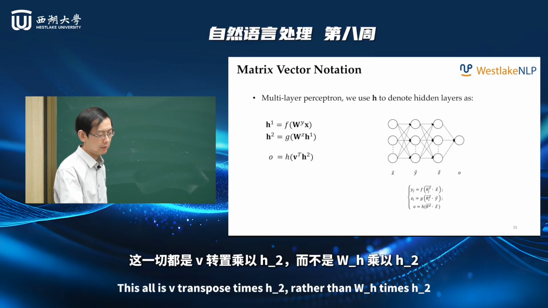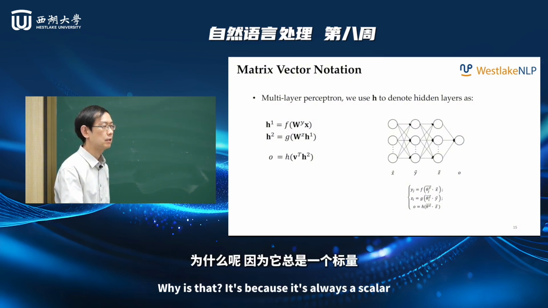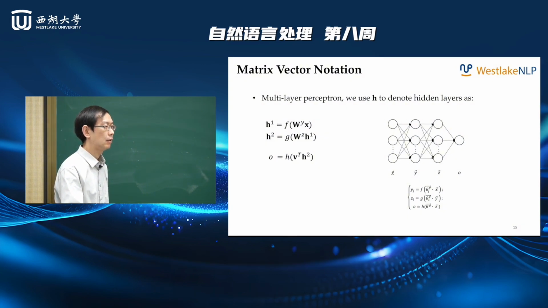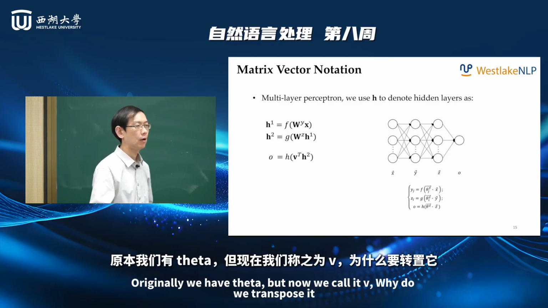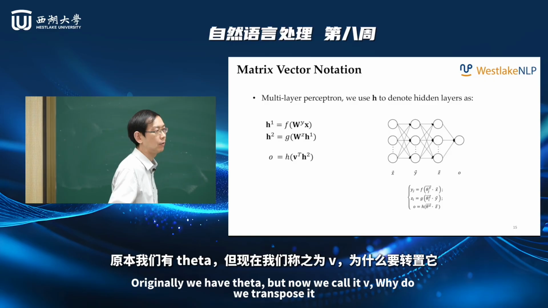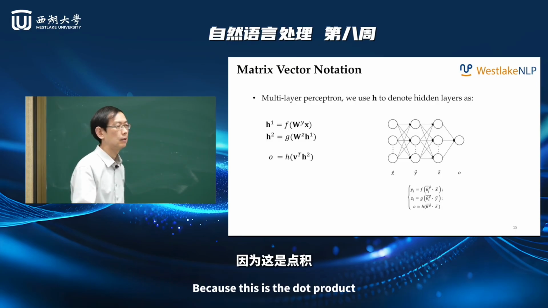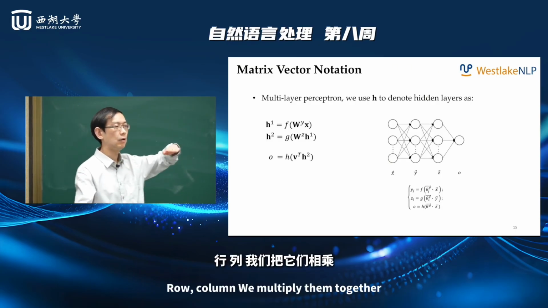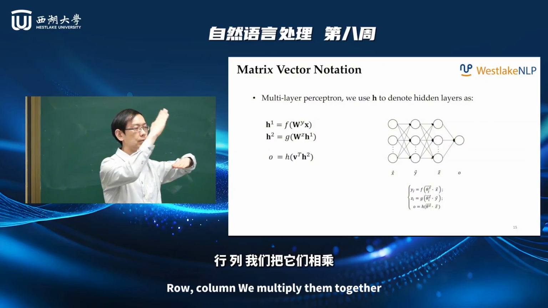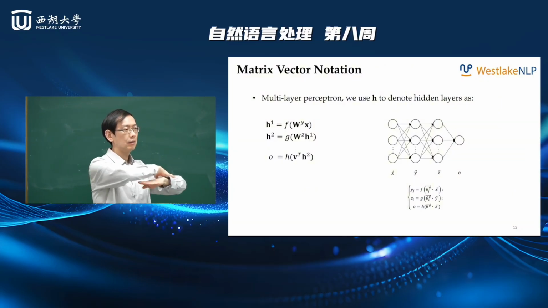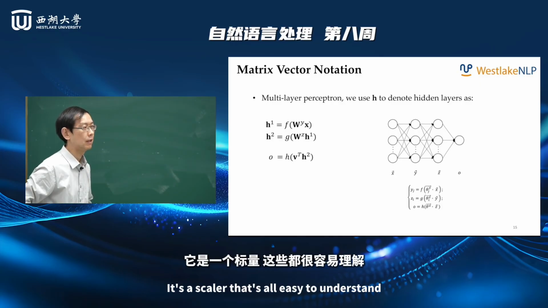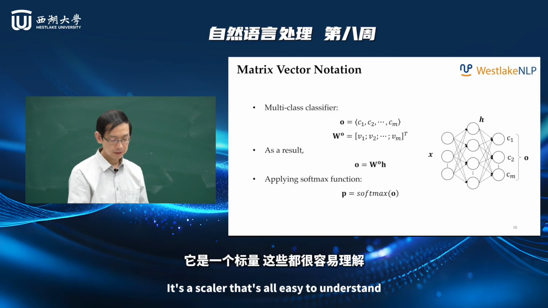This O is V transpose times H2 rather than W times H2. Why is that? It's because this O is a scalar. We only need a parameter vector. Originally we had theta, but now we call it V. Why do we transpose it? Because this is the dot product: row times column gives a scalar. So that's all easy to understand.